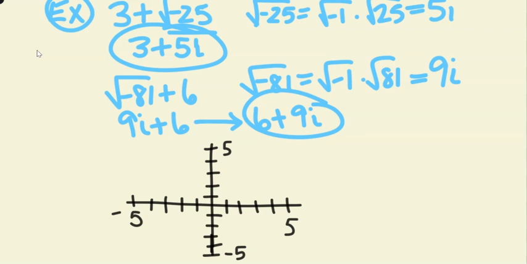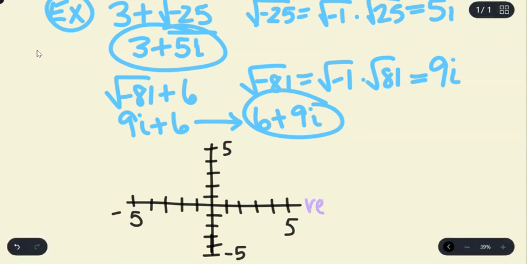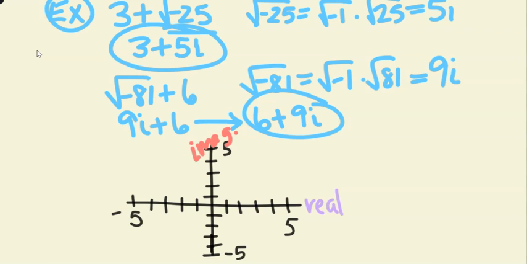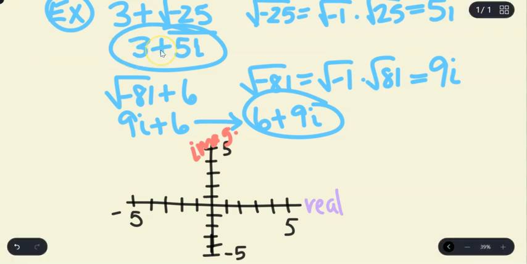If you want to see a visualization of an imaginary number, think about a Cartesian plane, but instead of having an x and y axis, I have a real number axis and I have an imaginary axis. Real and imaginary. So let's look at this one here, 3 plus 5i.